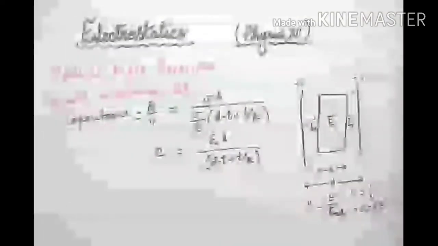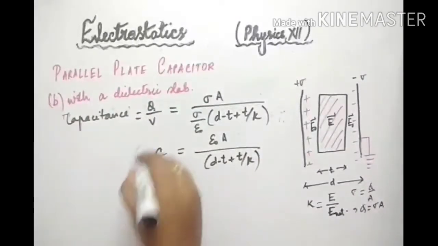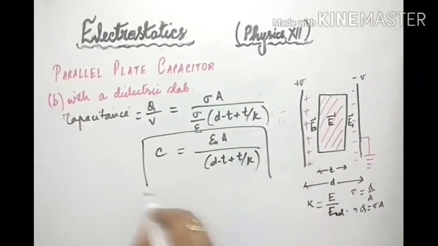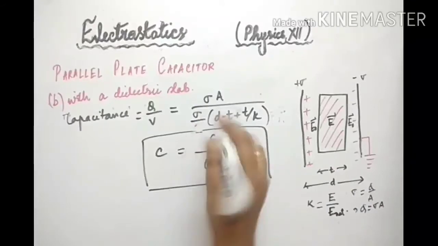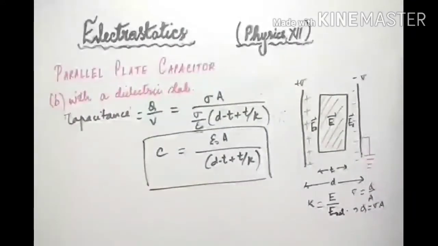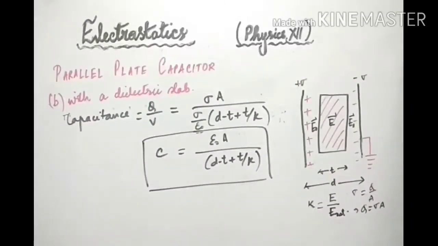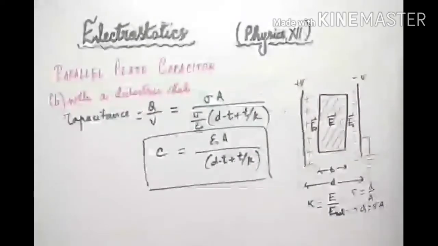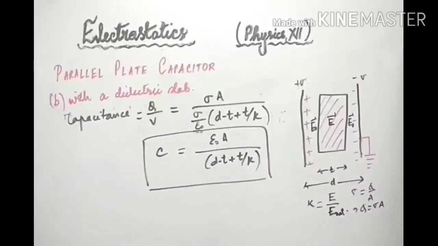This is the value of C, the capacitance of a parallel plate capacitor with a dielectric slab of thickness T kept in between the plates. So this is the main formula. Now there are some special cases also. Let us see how this can be written.